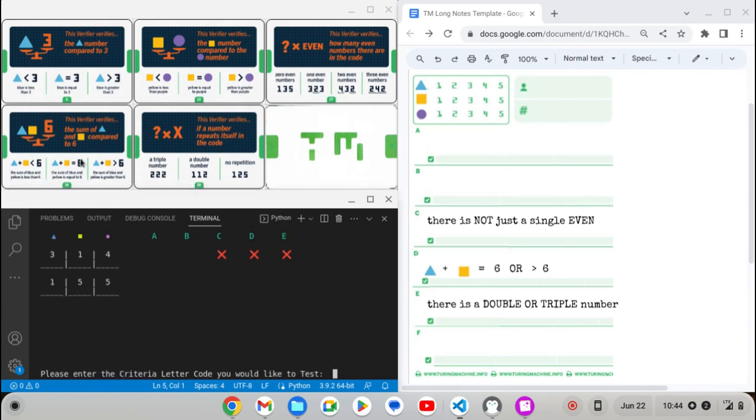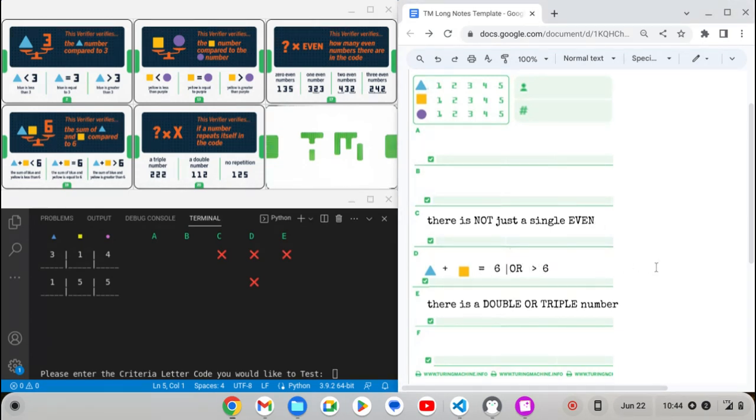So kind of counterintuitive. I'm going to test again the sum because that's what I based my whole premise on. So let me test criteria card D again. Oh no, it's not 6. Okay. All right. So we know it's not equal to 6.